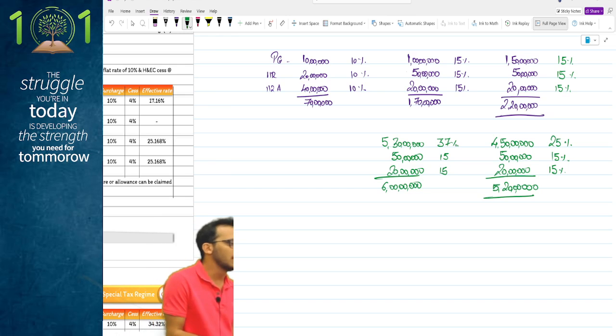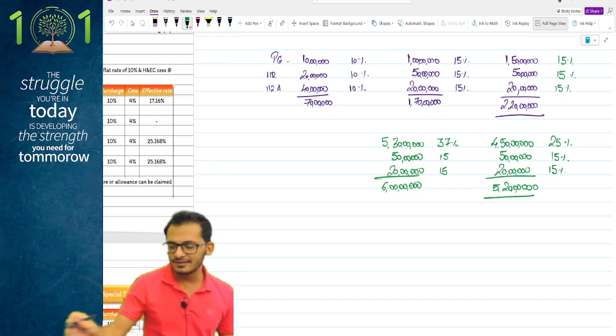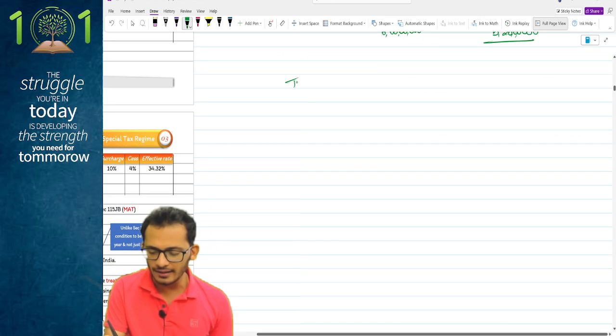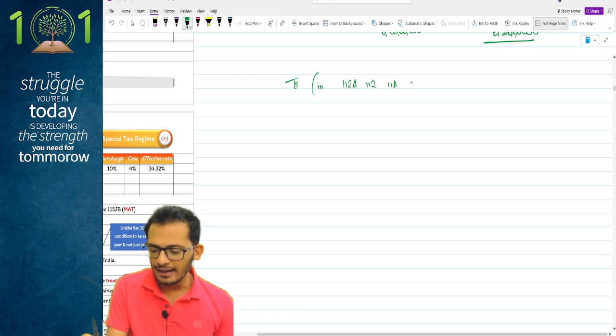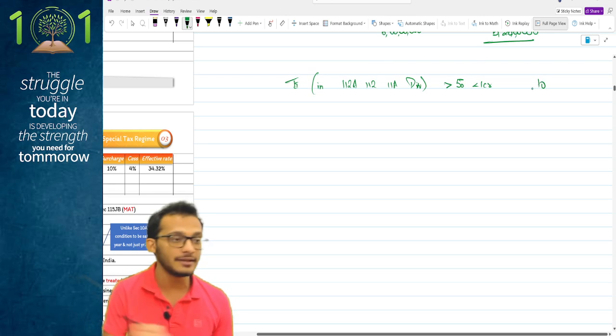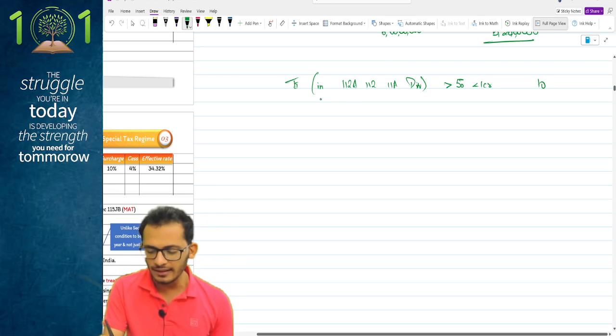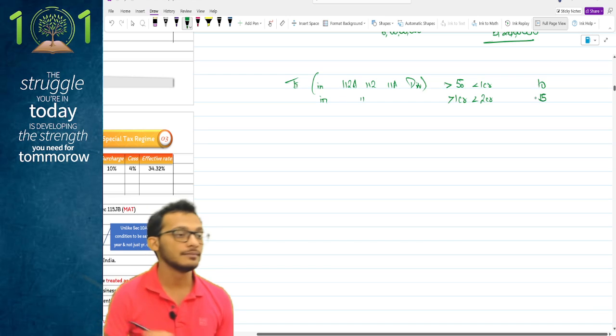Now, for those who have learnt it in your inter, you would have learnt it like this. If the total income, including 112A, 112, 111A and the dividend, is more than 50 lakhs but less than 1 crore, it is 10%. If the total income including this is more than 1 crore but less than 2 crores, it is 15.